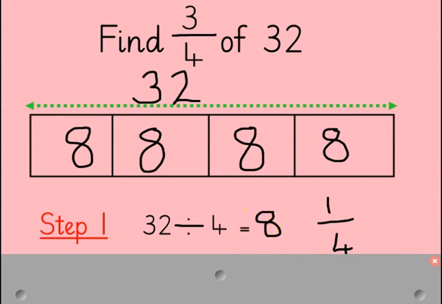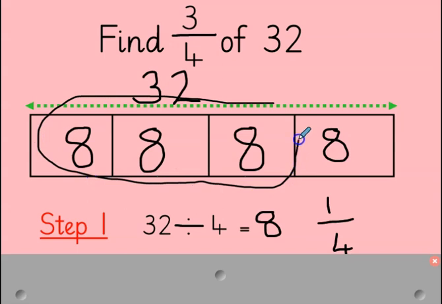But the question doesn't ask for just 1/4, it asks for 3/4. So now we've got to look at step 2. Well, take a look at this. There's 1/4, there's 2/4, and there's 3/4. So basically I need to add up these 3 quadrants. 8 add 8 add 8.